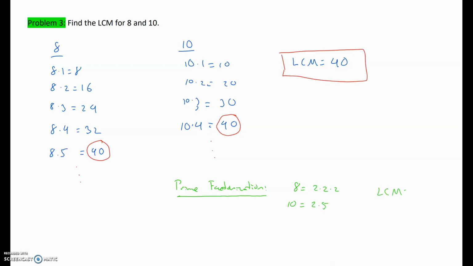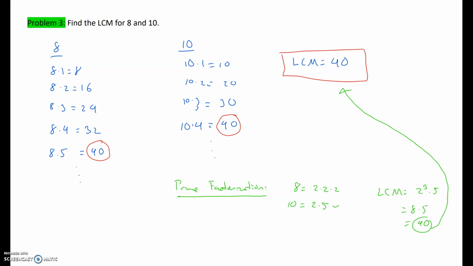So your LCM, if the number is large, is composed in this format of the maximum of the 2's that appear in the numbers. In this case, it'll be 2 to the third. And then the maximum of the 5's, there's your 5, so 8 times 5, or 40. It's just another way of viewing it.